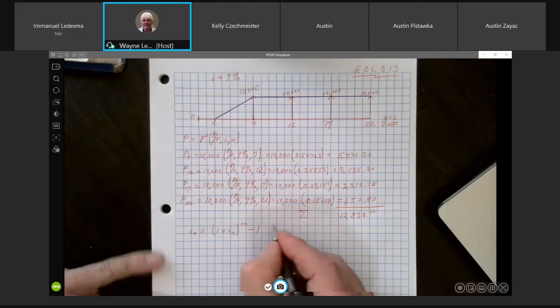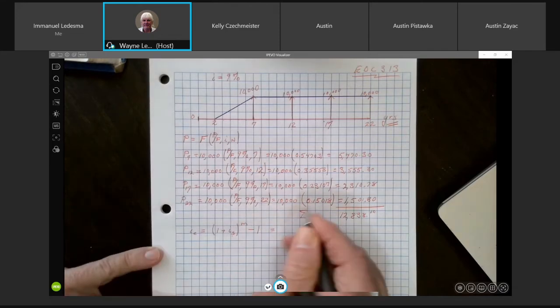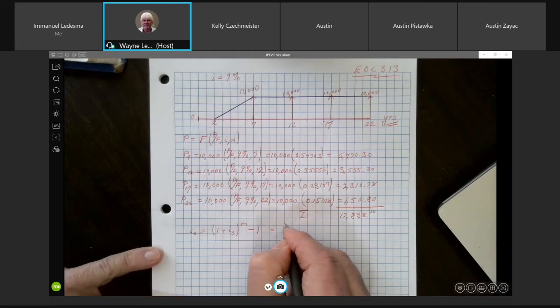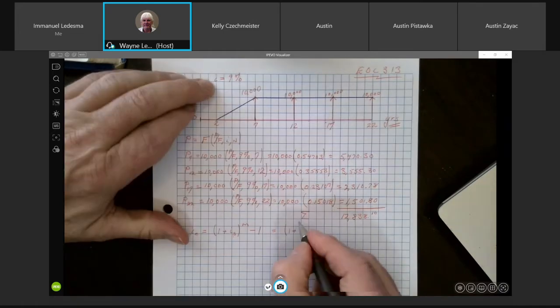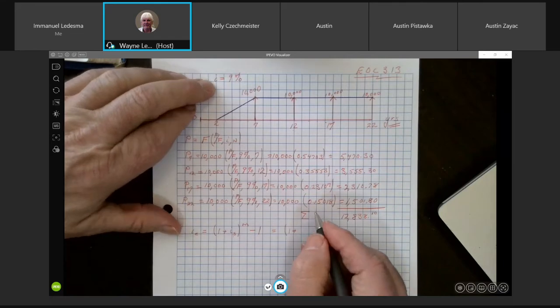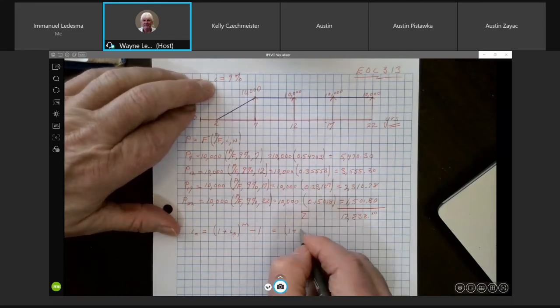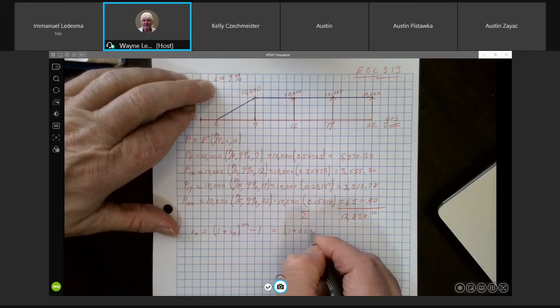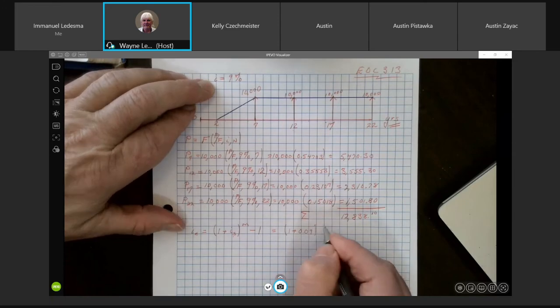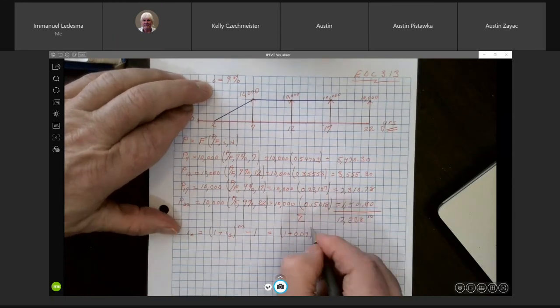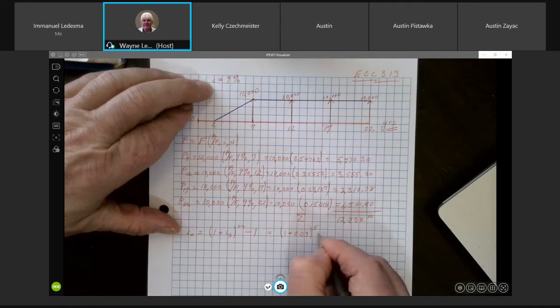So what this formula would then look like, or the continuation of this formula, we're going to have bracket 1 plus, and the effective interest rate in this case, the sub-period interest rate, we're going to say is 0.09 to the power of 5 minus 1.